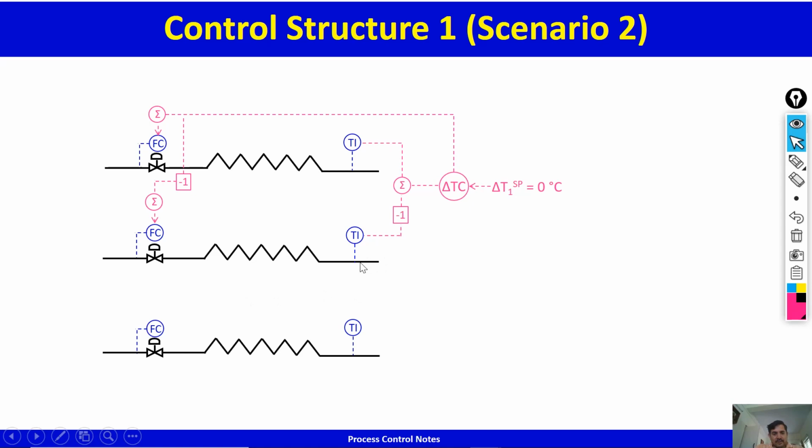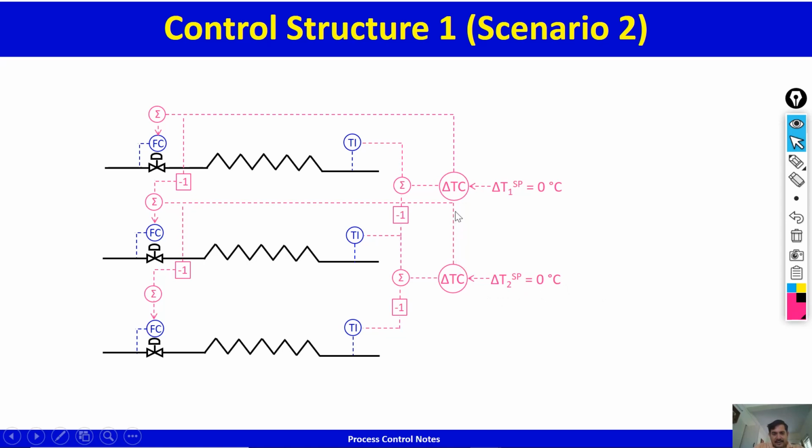What about making sure that T2 is equal to T3? Well, do the same thing, and I'll walk you through this. You take T2 minus T3, so this is delta T. Then there's a delta T controller and its set point is 0 degrees Celsius.